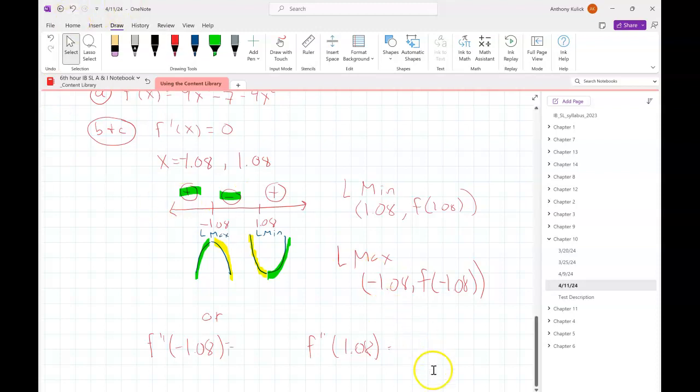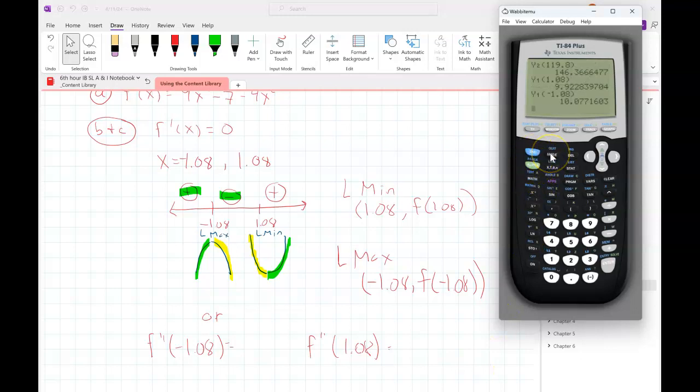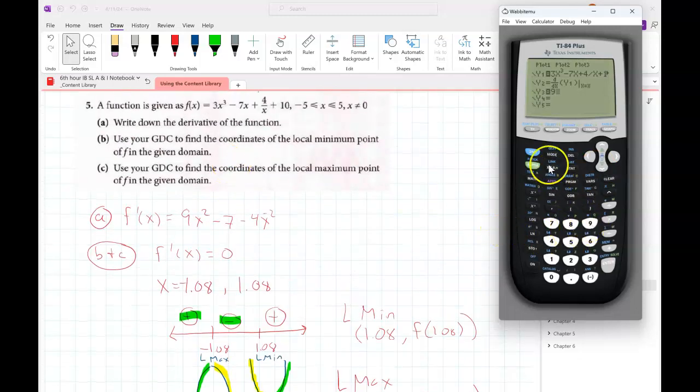So to do that, if I wanted to do it that way, which you don't have to, what I would do is on my calculator, I'm going to do math. What do I want to do here? I don't think I can do a second derivative without doing this. So I'm going to type my first derivative that we found by hand in.